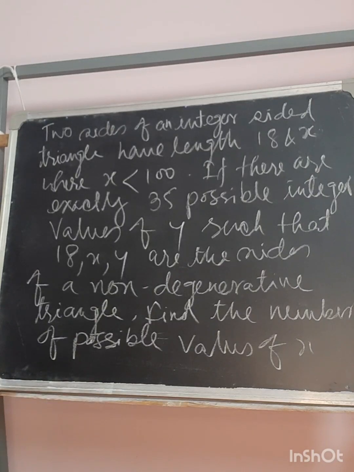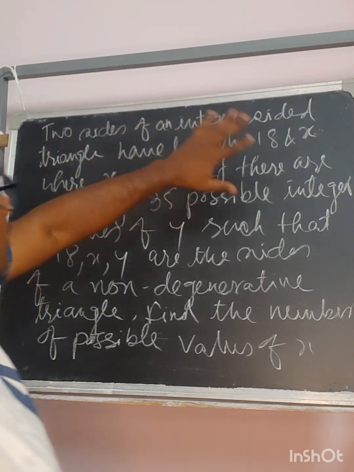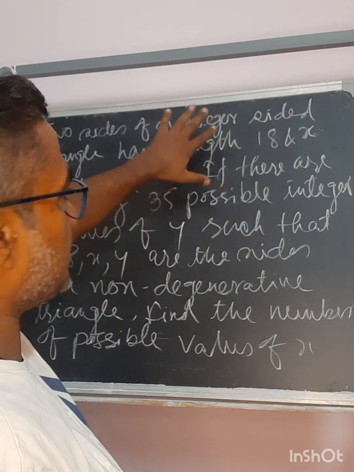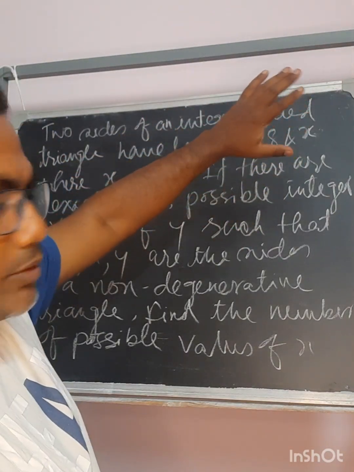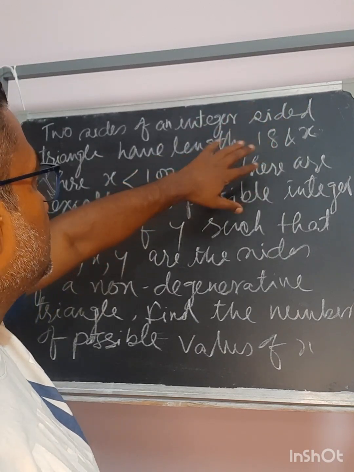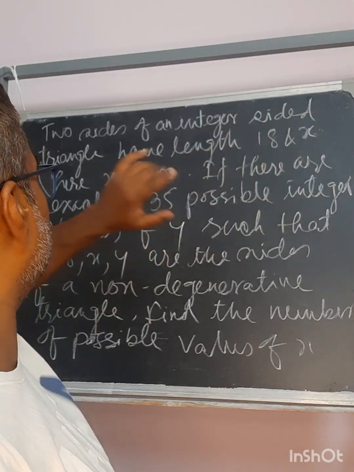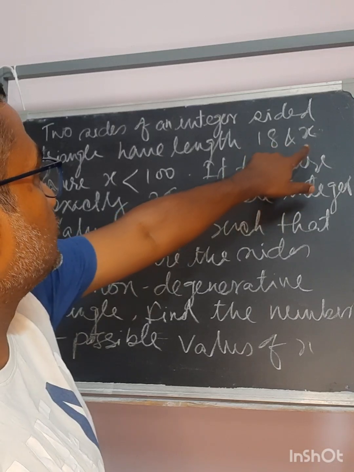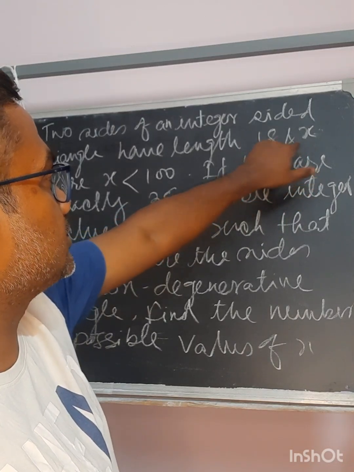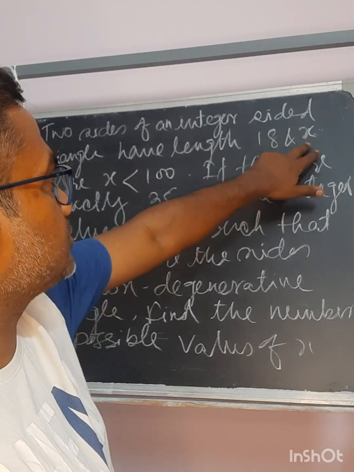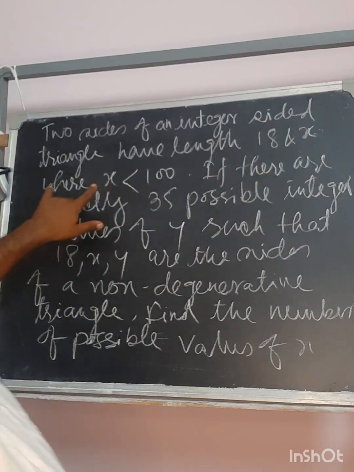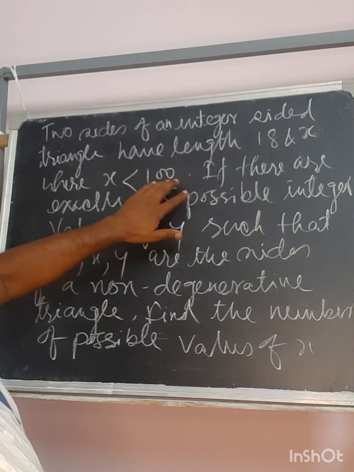So the problem says the triangle has integer sides, meaning the sides should be integer numbers. There should not be a fraction or decimal number. The two sides are given as 18 and x, where 18 is already an integer, and x also has to be an integer, where x can be less than 100.